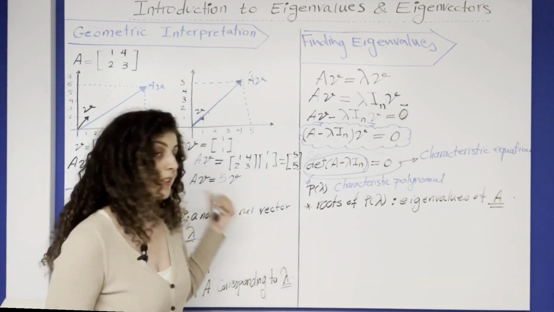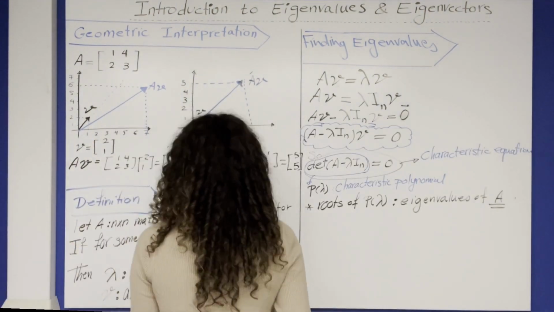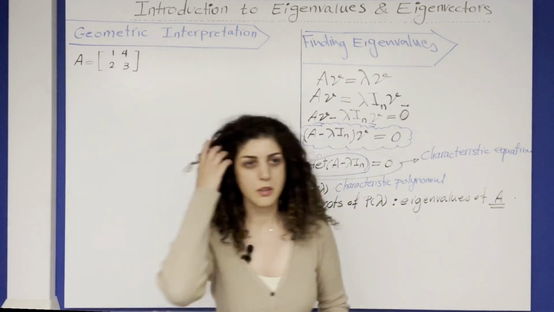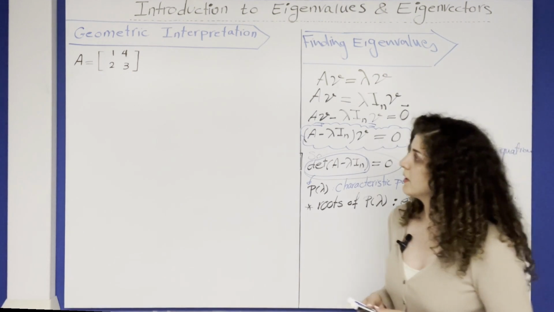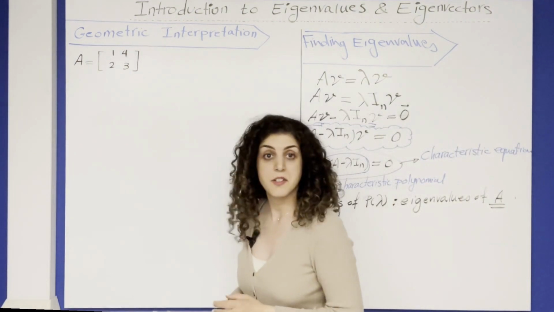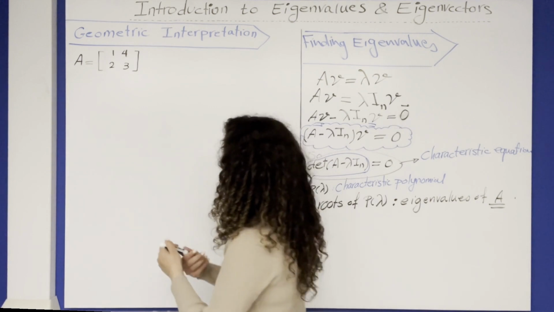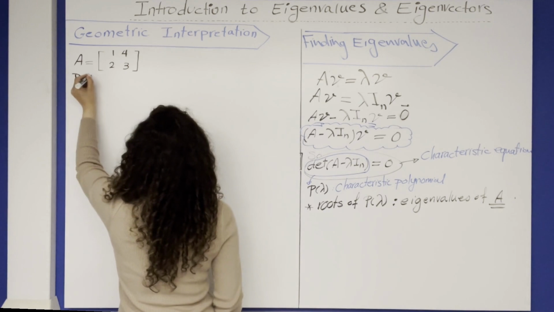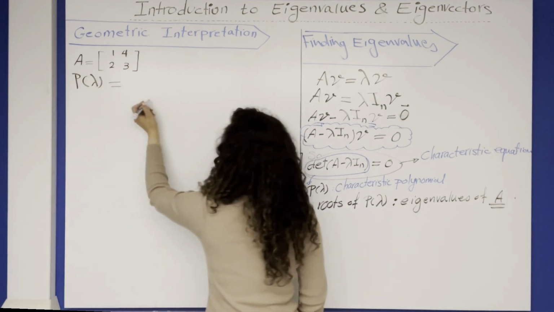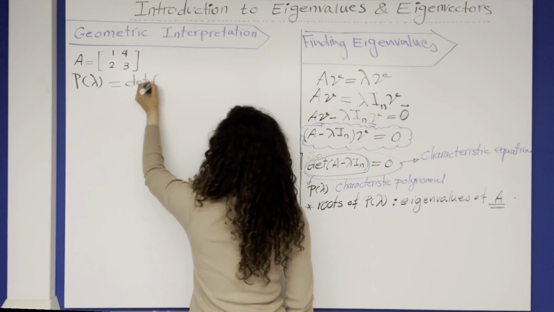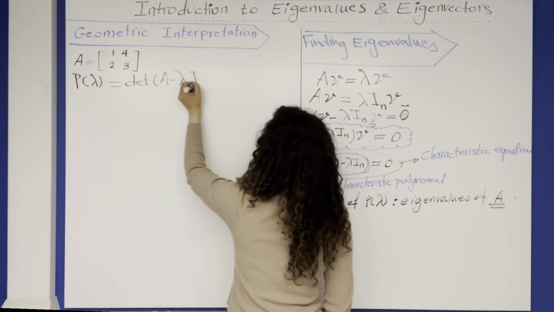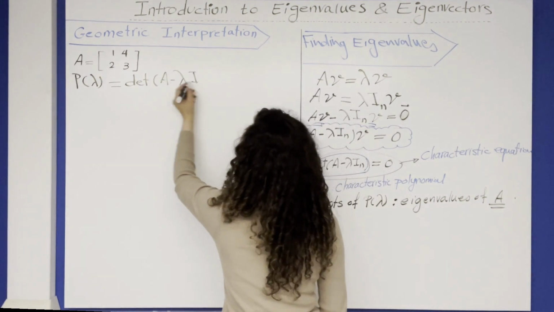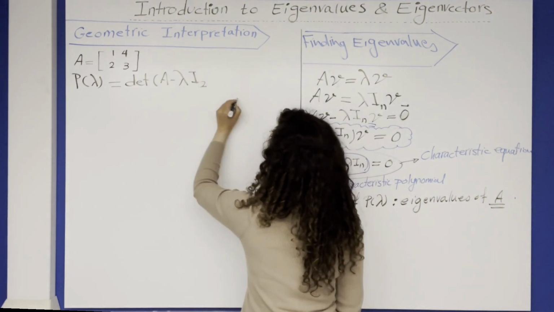All right, now we know how to find eigenvalues. Let's see it on our example. Let's form the characteristic polynomial of this matrix. The characteristic polynomial here, p of lambda, is equal to the determinant of A minus lambda times identity of size 2, because here my matrix is of size 2, so the identity matrix is of size 2.